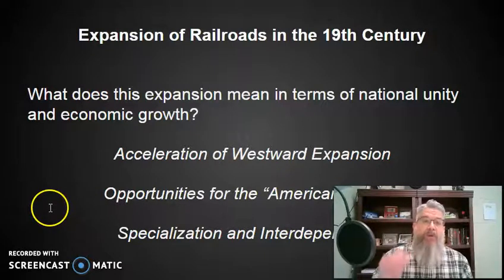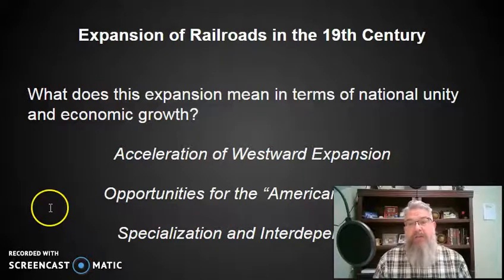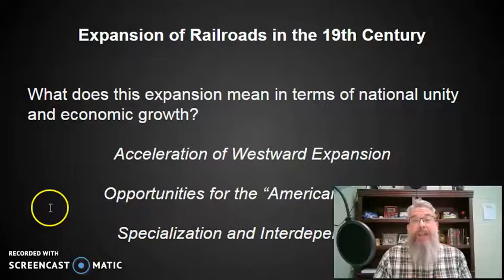And probably most important, and where we'll wrap this whole discussion up, is specialization and interdependence. The growth of railroads, beginning with the building of the Transcontinental Railroad, allows for specialization, meaning areas of the country can specialize in the production of certain goods, because railroads allow for interdependence, right?